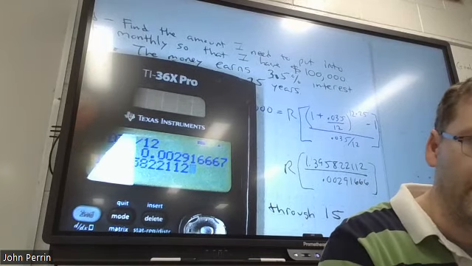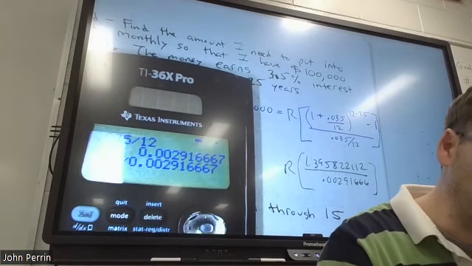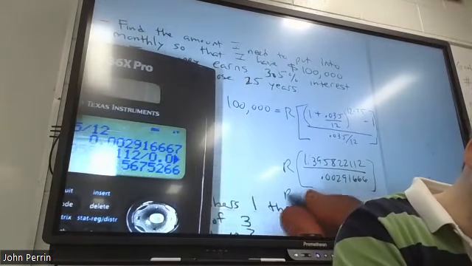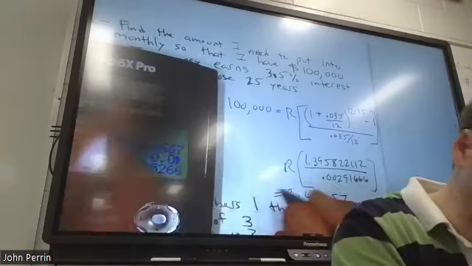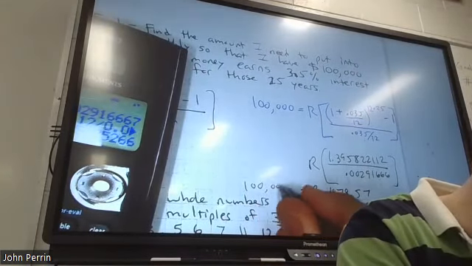The 1.39 number divided by the 0.002 number, I'm getting next to the R is 478.57, let's say. And that multiplies the R and it's equal to 100,000.